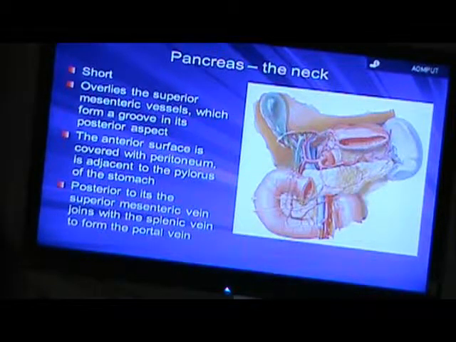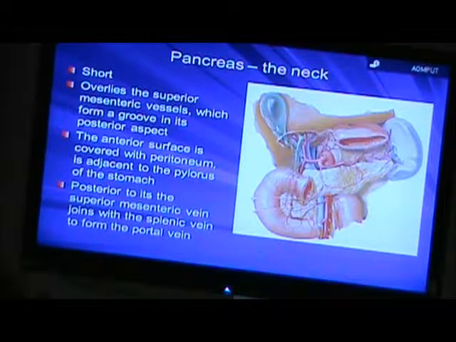A little bit we can see it, but we know that it passes below the splenic artery, so we can see it on the posterior surface, posterior to the body of the pancreas.